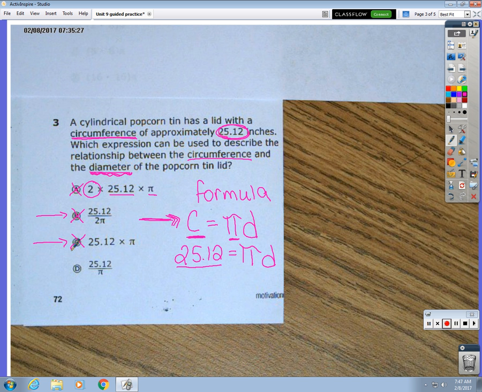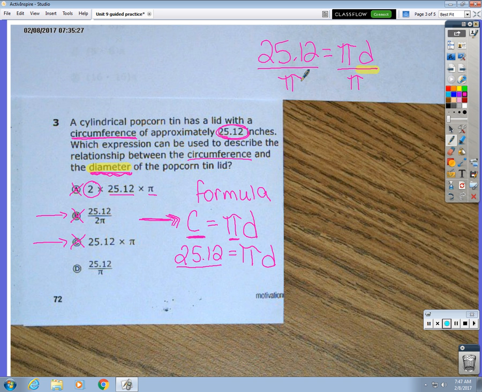If we were going to solve this equation, 25.12 equals pi times d, we would have to go to the side of our equation with our variable, and our variable is the d because we're looking for the diameter. So we would have to divide both sides of the equation by pi.